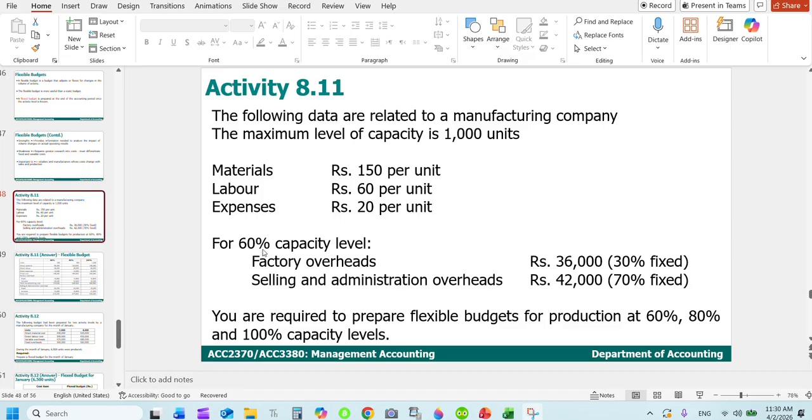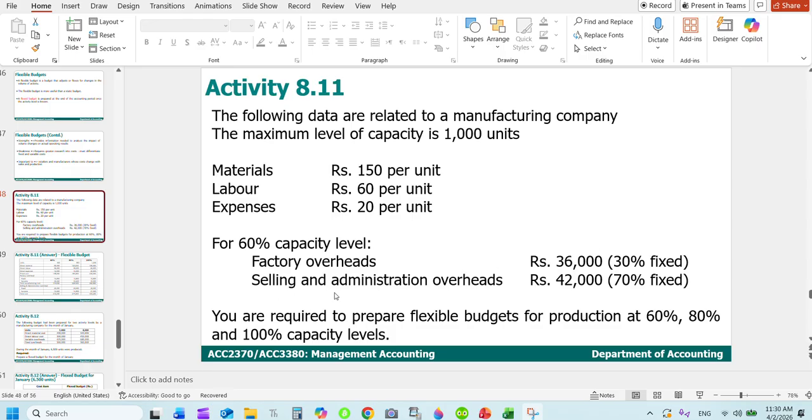At 60% capacity level, we know total capacity is 1,000 units. At 60% capacity level, the company's factory overhead cost is 36,000. Out of this 36,000 factory cost, 30% is fixed, so the balance 70% is variable.